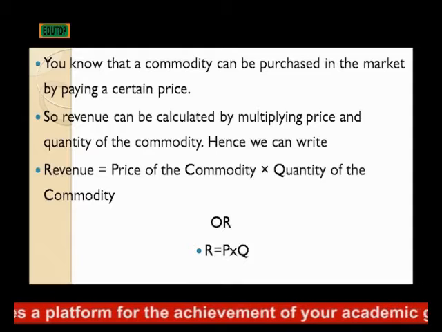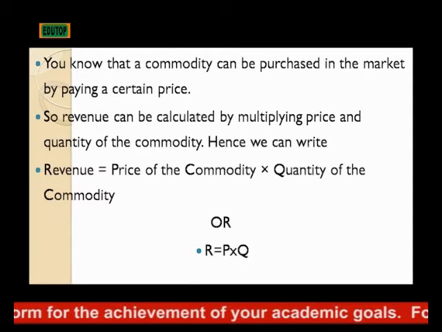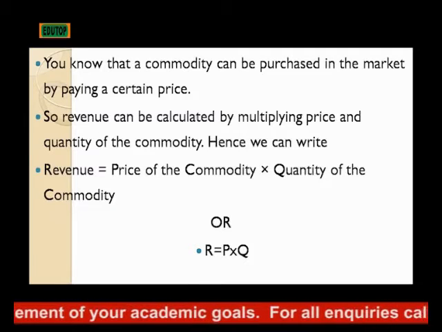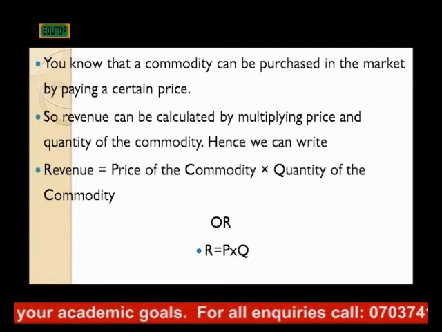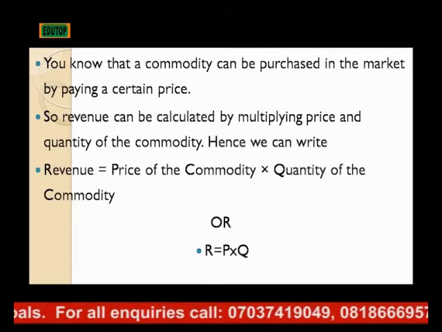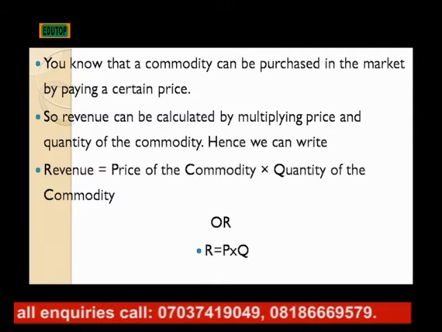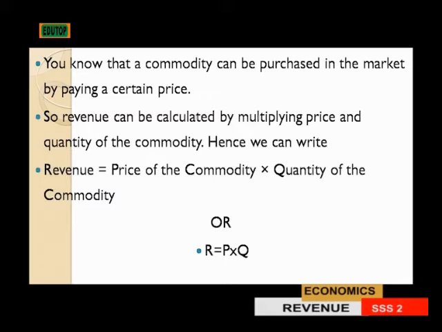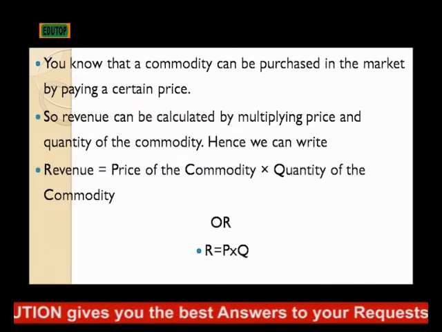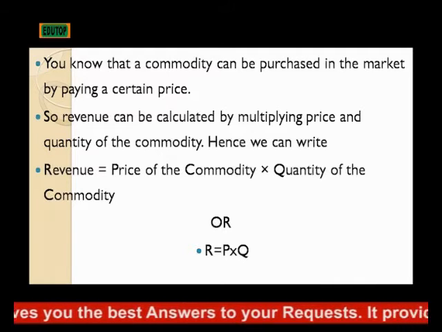So revenue can be calculated by multiplying the price and quantity of the commodity. Hence, we can write revenue as the price of the commodity multiplied by the quantity of the commodity, or simply R = P × Q, where R represents revenue, P represents the price of the commodity, and Q represents the quantity of the commodity.